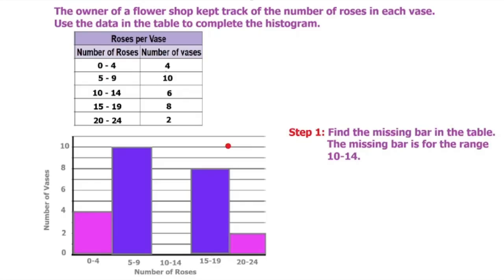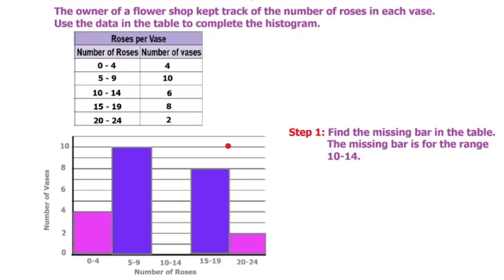So the number of vases is 4 here for the number of roses between 0 to 4. So in those vases, there's 0 to 4 flowers contained. Then for the 10 vases, there's 10 vases here. There's 5 to 9 roses in those vases, and so on.